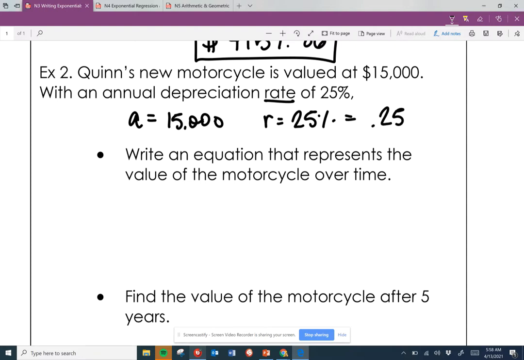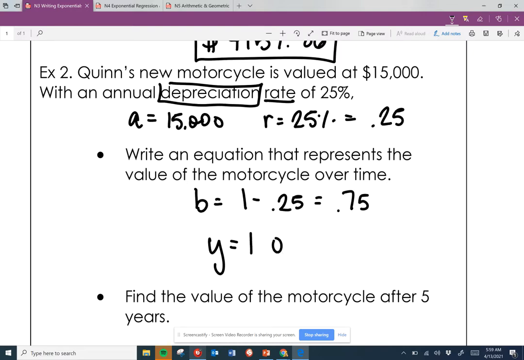When it asks us to write our equation, we see it's depreciating, so the value is decreasing. To find our B value, we subtract 0.25 from 1, which gives us 0.75. So our equation will start off with the initial 15,000 times our B value, 0.75, raised to the power of x.